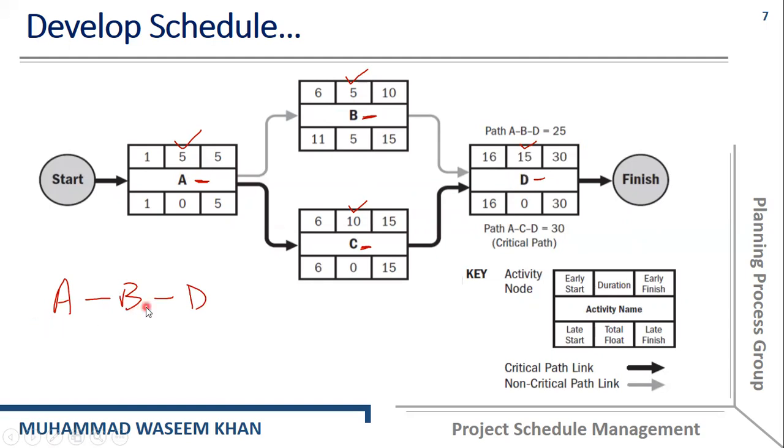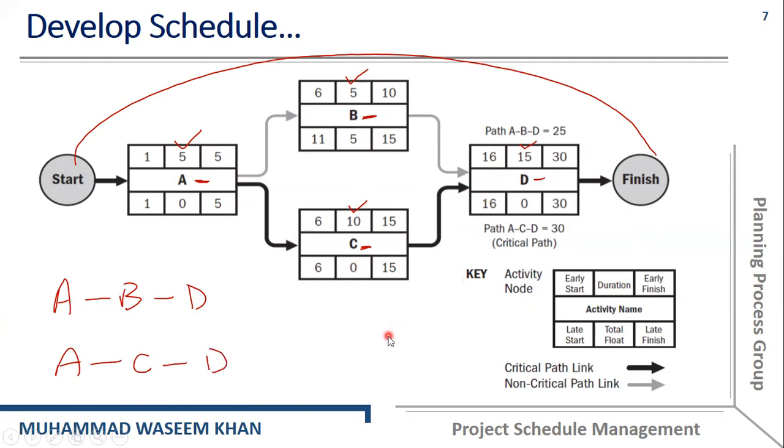So we can have two paths. One path is A, B, D, and the second path is A, C, D. We have these two paths in this particular project.